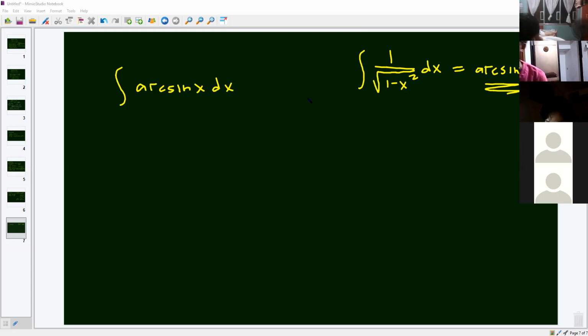The good thing about this given integral, wala ka lang ilalet u na iba, kundi sino pa ba? Diba?